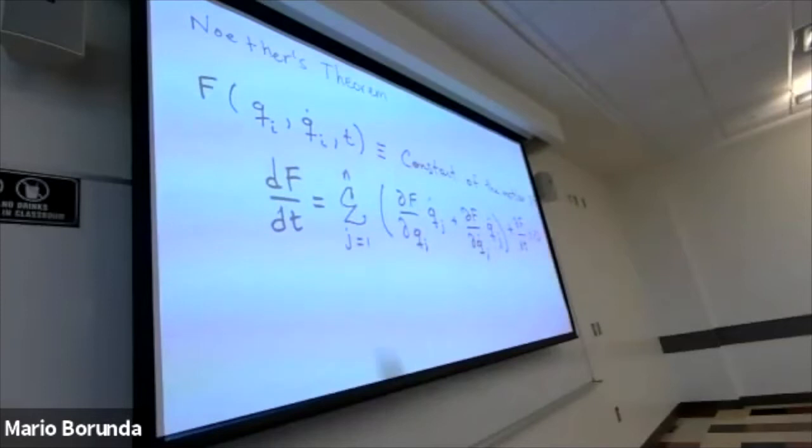It is a constant of the motion if this is true and the coordinates q's satisfy the Lagrange equation.